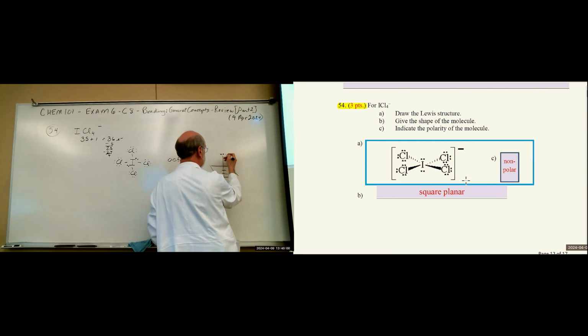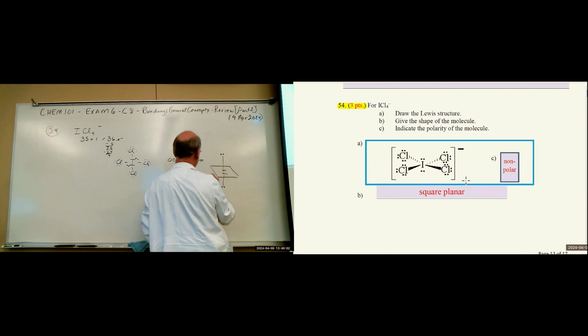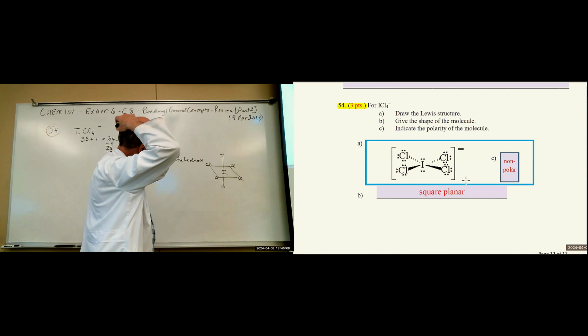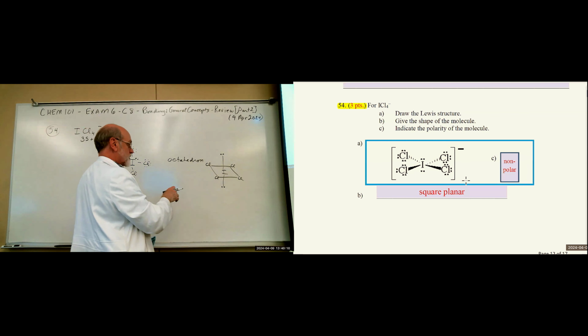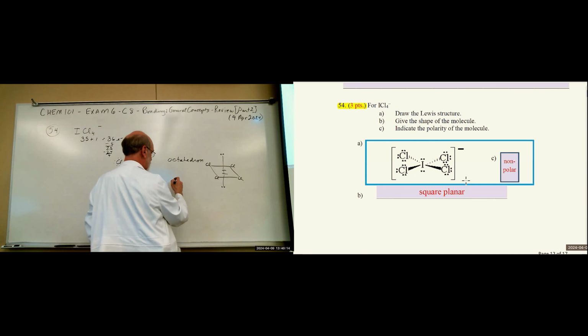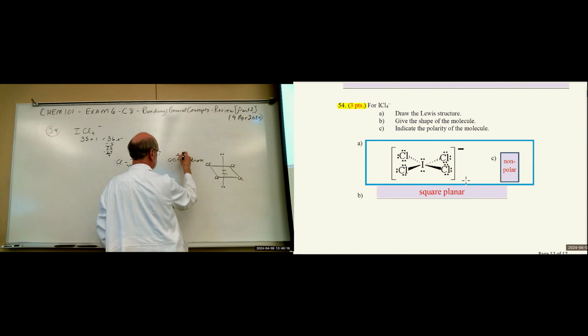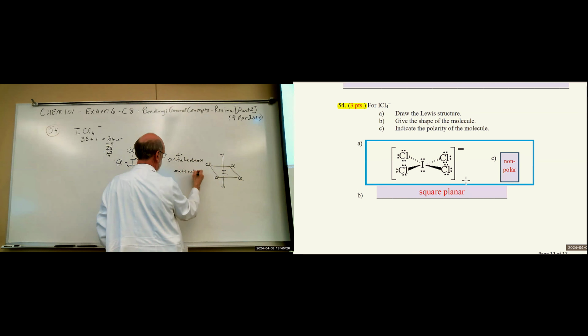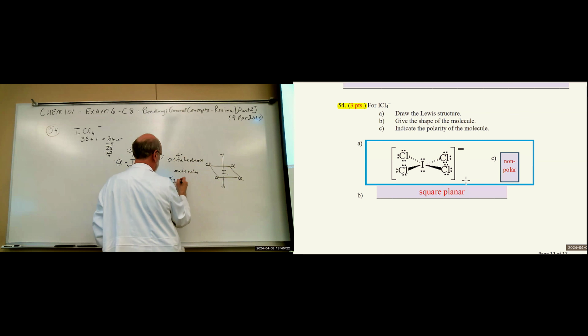So you put one here and one here. And the other chlorines stay on the square. Okay? So this structure is going to be square planar. This is the electronic structure and this is the molecular structure. It's square planar.